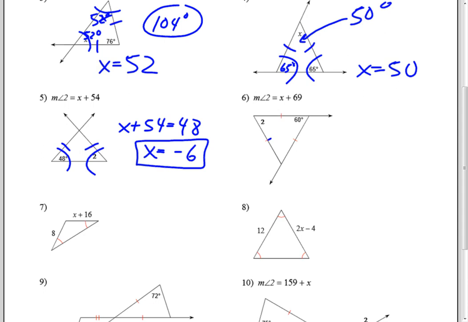What does this mean? What kind of triangle? Equilateral, which means that all of our angles are therefore equal. So angle 2 is 60 also, but it's represented by this.